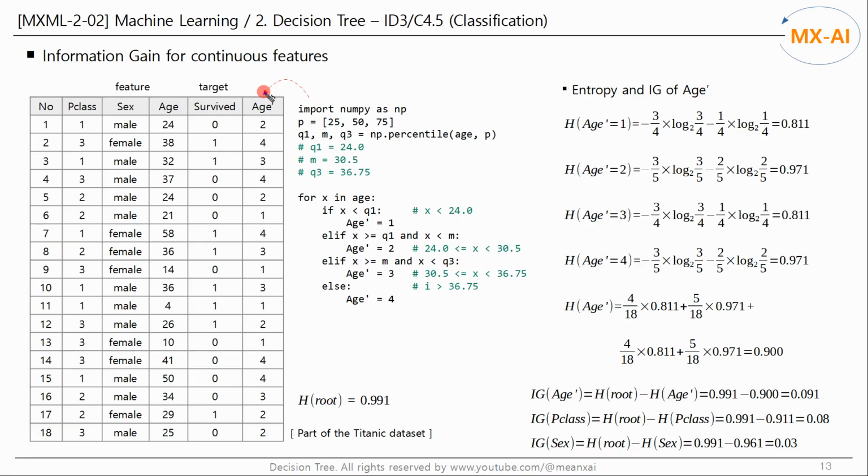Next, let's look at a dataset with continuous real values. A continuous feature, age, has been added to the previous dataset. This feature has continuous real values. To split this feature in multi-way, we converted it into a categorical feature as follows.